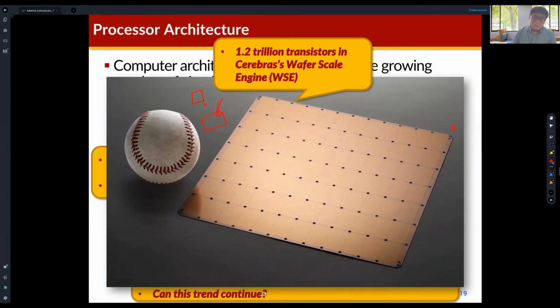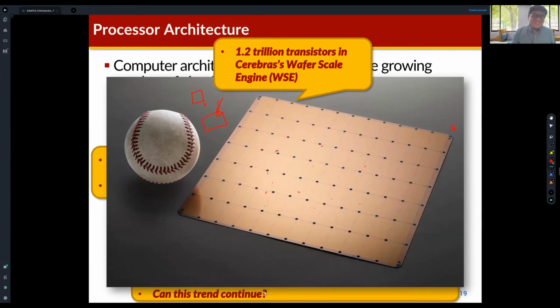So if the chip size is very large, this chip may include some defects, and if defects are found, then we cannot use this chip. So actually the chip size is kept small.